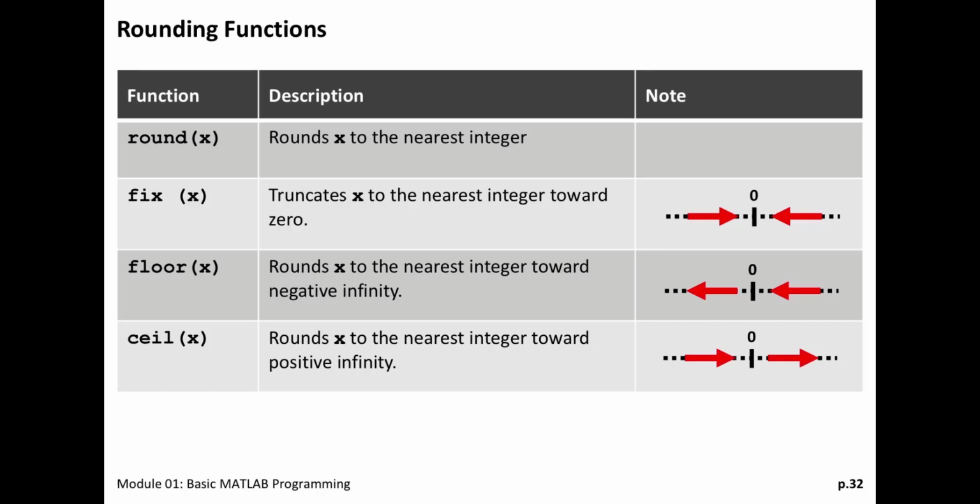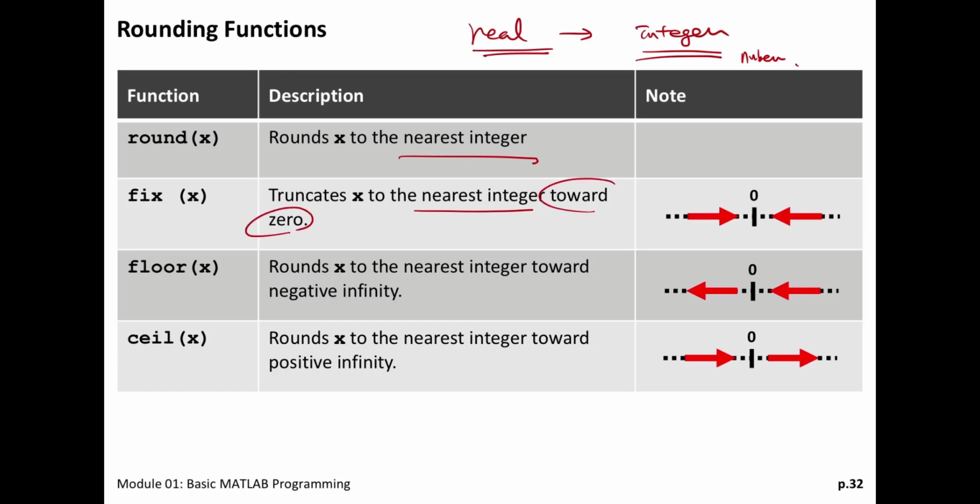Let's learn about some basic math functions. This is a rounding function. A rounding function maps a real number to an integer. There are 4 different ways to do it. Round maps the number to the nearest integer, and fix maps the number to the nearest integer toward 0.